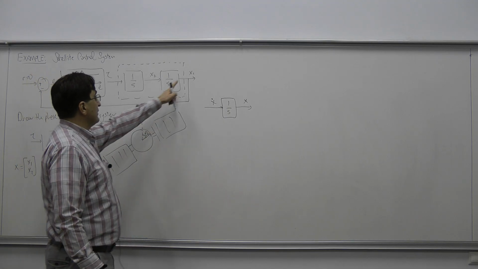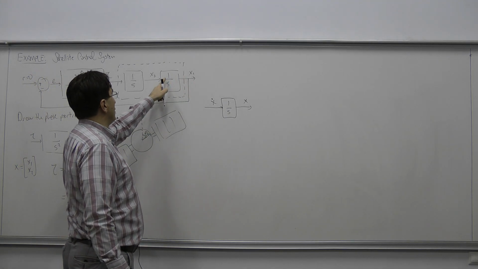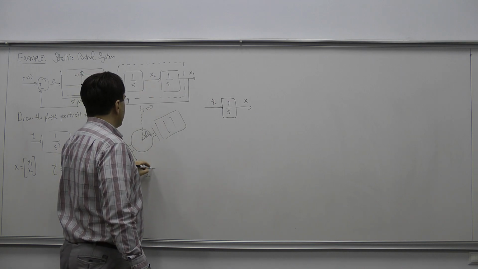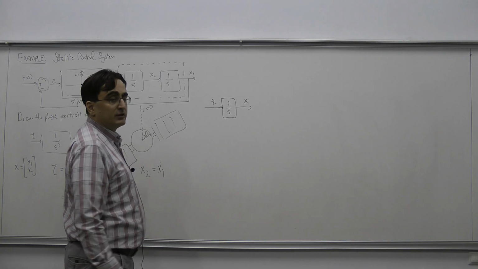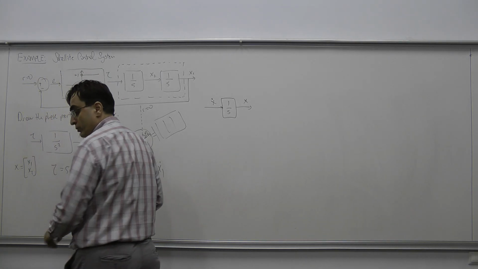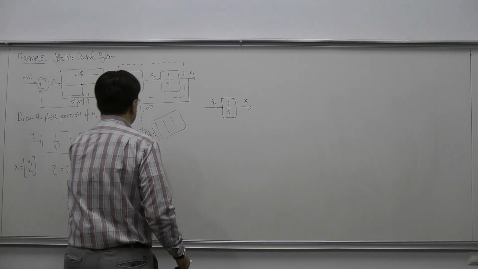Okay? So in this block diagram, I can use this methodology to obtain my state space representation. I see here that x1 is the output of the integrator with the input x2. That means that x2 is x1 dot, or x1 dot is equal to x2. That is going to be our first equation.